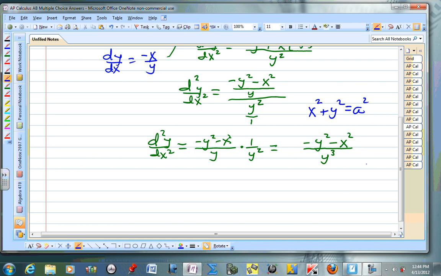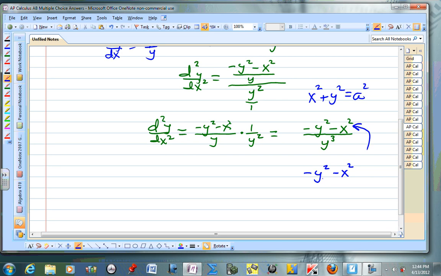Now, take a look at what we have in the numerator of our fraction. We've got the opposite of y squared minus x squared. We can factor negative 1 out of this term, and we'll have negative 1 times y squared plus x squared. Now remember what we just said. x squared plus y squared equals a squared. So this all can be thought of as negative 1 times a squared.